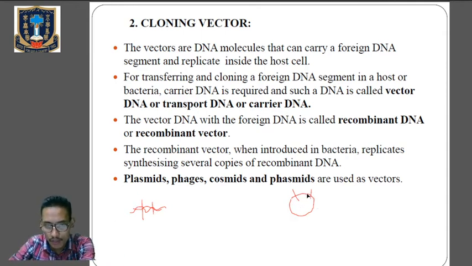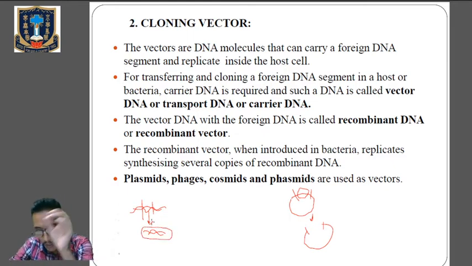So when we make a cut over here with the help of the restriction enzymes, this vector DNA will look like this, with a gap over here, right? This segment has been removed from the vector DNA, and this is the segment which has been taken out from the foreign DNA. This DNA segment carries the gene of interest.